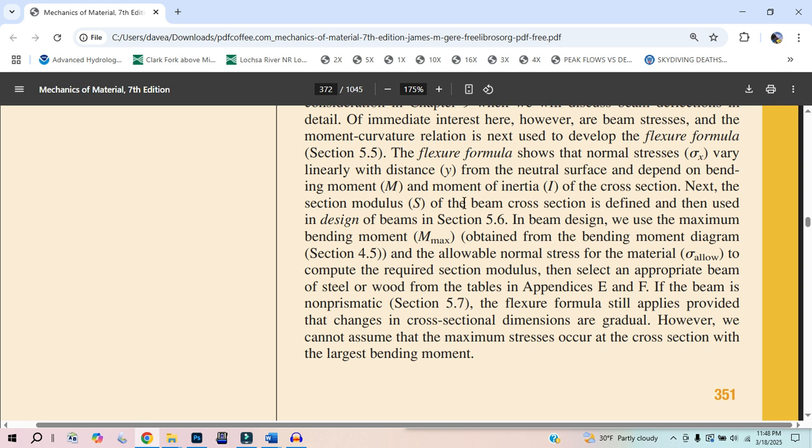And then S is I divided by y, so you would have stress is M divided by S. So after all of this, you get an equation that says your stress is the moment that you can calculate just from statics. We've done that. And then the shape: this moment of inertia is just the shape of the darn thing. And then y is just half the height.